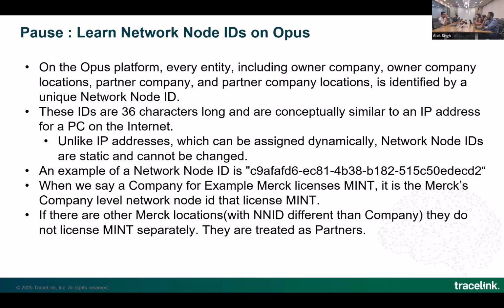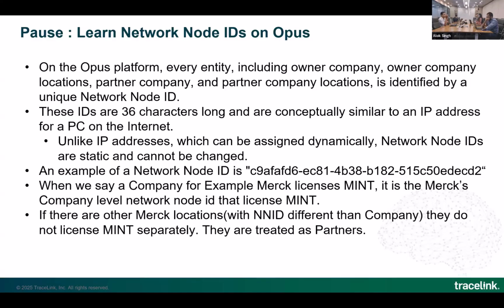So a company has a network node ID, but if this company has two more locations, those are two different unique network node IDs. They do not exist on the network anywhere else, but on that company or location itself.